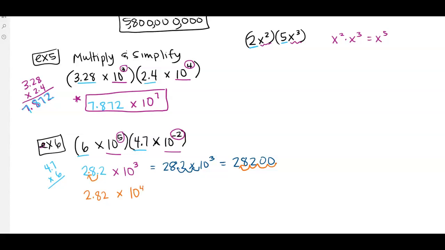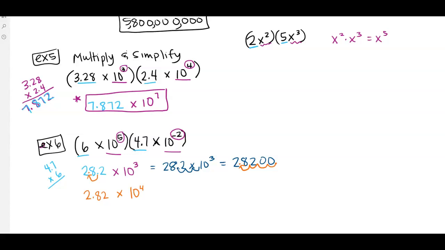I ended up moving it 4 places. So this is going to be to the 4th power. If I have 2.82, I moved it 4 places. But other people can think about it other ways. They think, well, I'm 1 place further away, so that's telling me that it's 4.